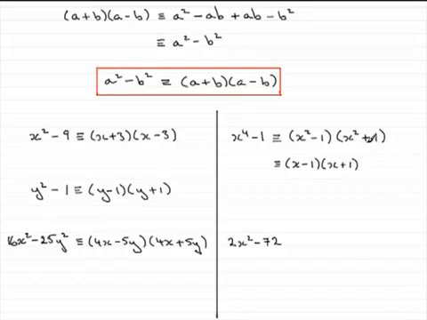Now we mustn't forget this factor, but this does not factorize, okay? Don't make the mistake of thinking that this is x plus 1 times x plus another 1. It's not. This is just x squared plus 1. It doesn't factorize any further. So we must pop that in there. So now we've got three factors.